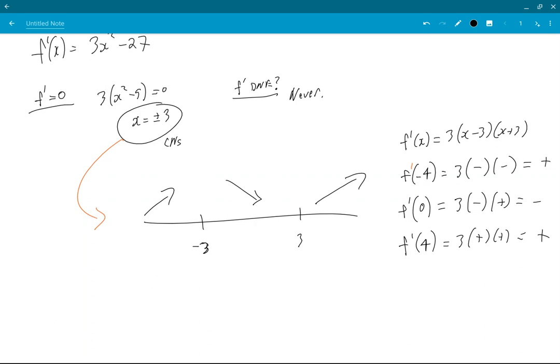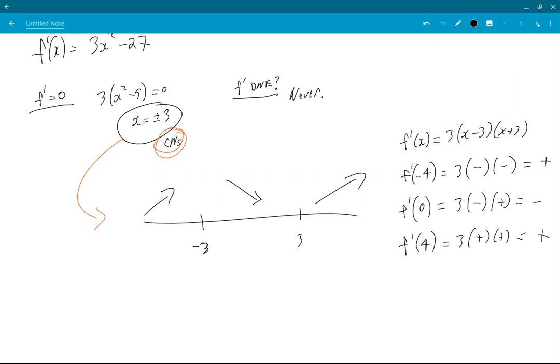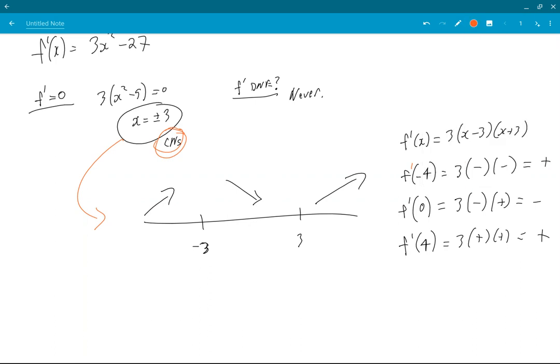Okay, so the question was find the critical numbers and then sketch. Found my critical numbers right here. I got plus or minus 3. And then with this number line, I'm going to build a sketch. So what can I say? From the number line, I can say that I have a local max here and I have a local min here.